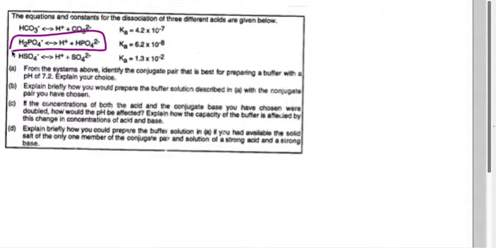How did we do this? This is not hard. Here are my two components. I don't care which one we choose, but what we can do is we can convert one of those with either an acid or a base and make the other. That's how you make the buffer.